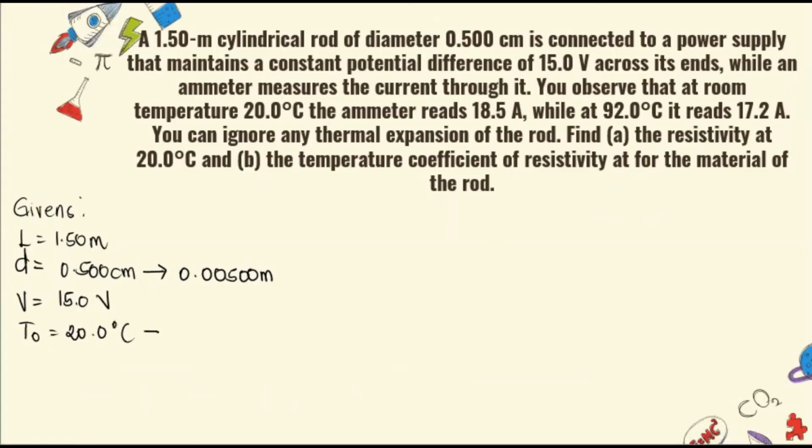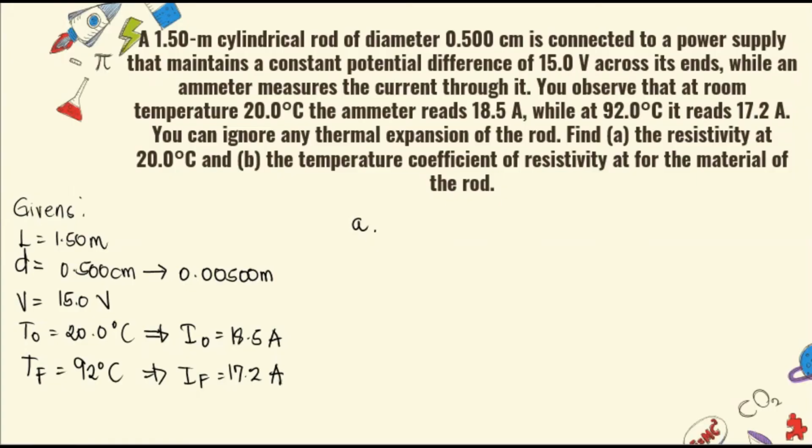Ang nabasa daw niyang current I0 is 18.5 amperes. Then TF at 92 degrees Celsius, ang current reading daw is 7.2 amperes. We are going to ignore any thermal expansion here.